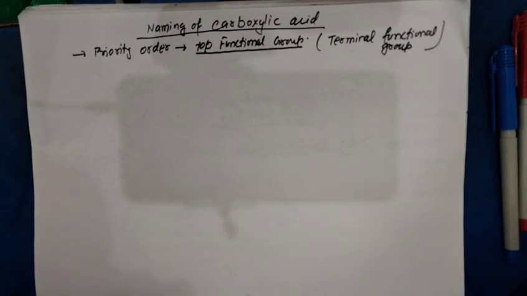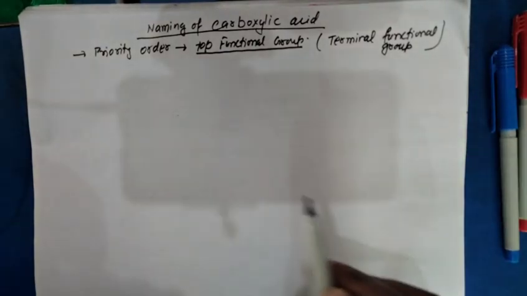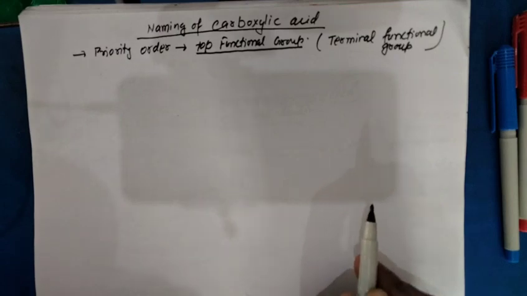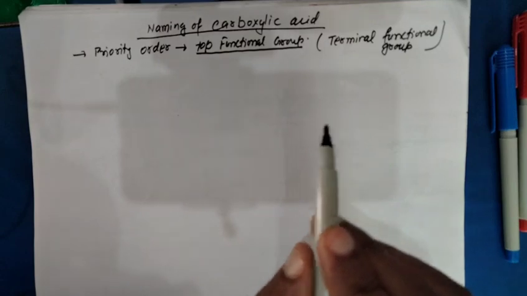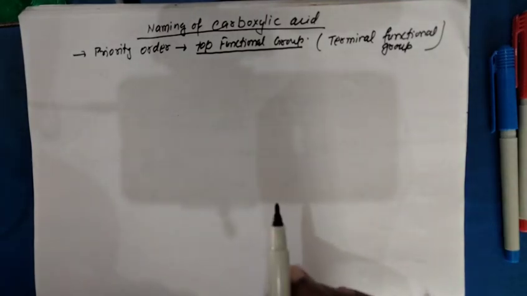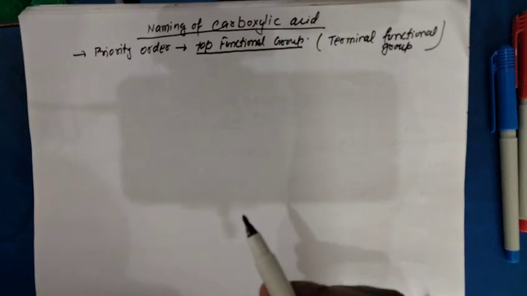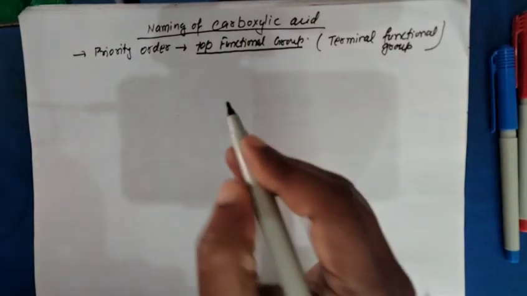Why? Because if any compound has carboxylic acid, you must count that compound in such a way that the carbon of the carboxylic acid appears first.